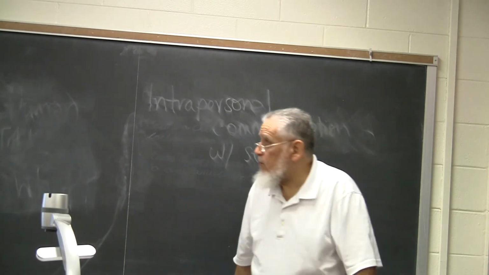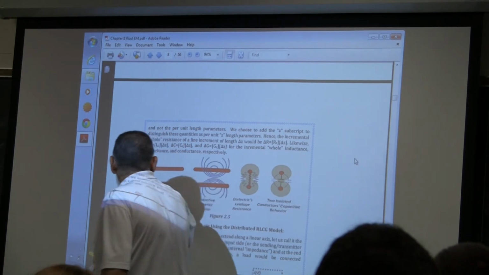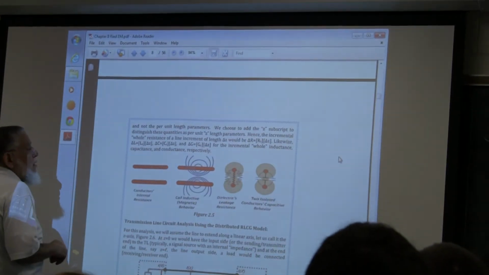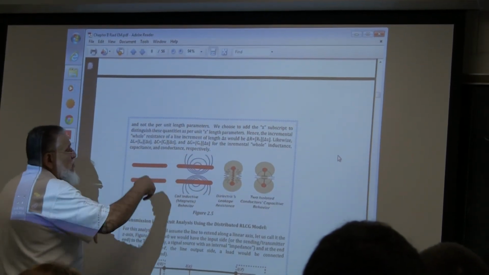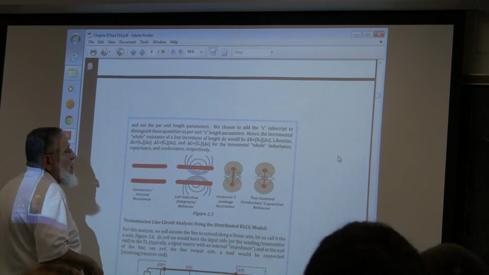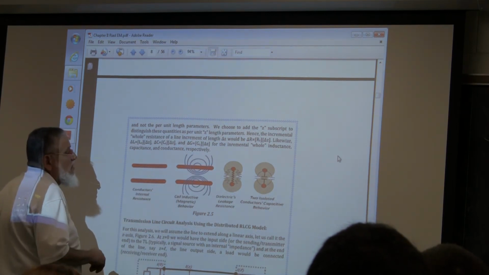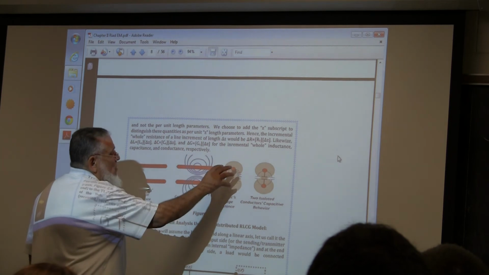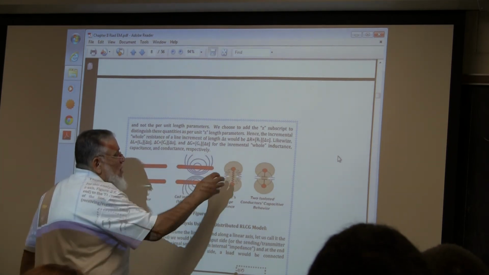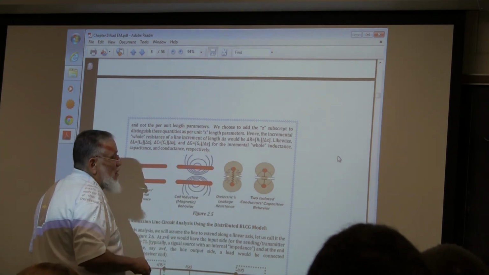that represents that shape. So the conductors that I have will have some internal resistance. The presence of these conductors forms magnetic behavior, and therefore I've got some inductance. The dielectric between the two conductors has some leakage currents in it, right?